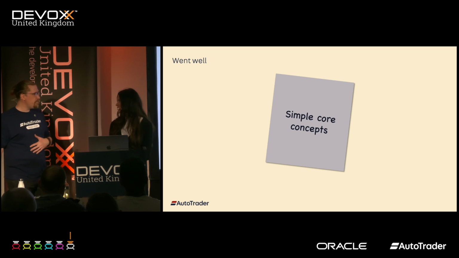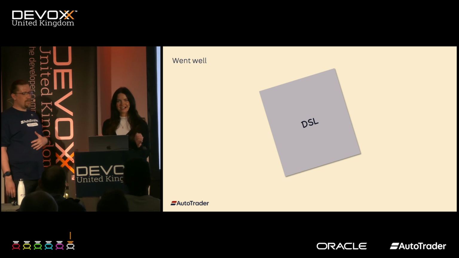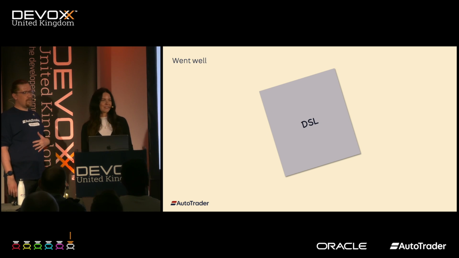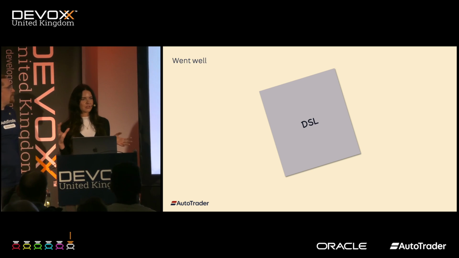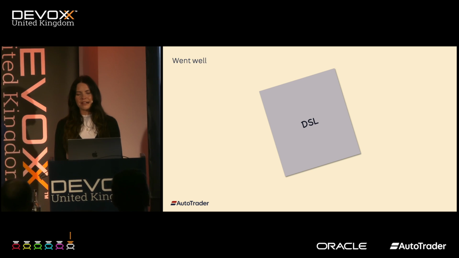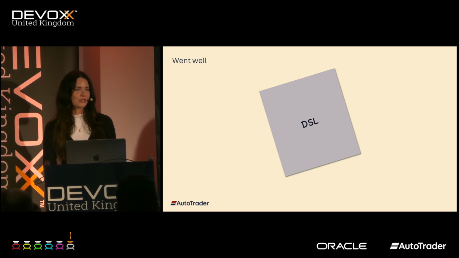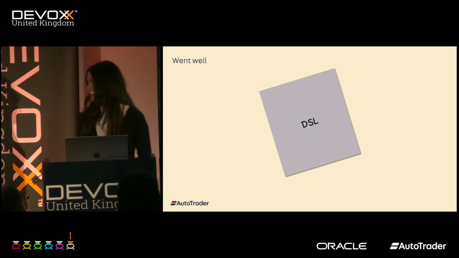Like a little black box. Yeah. So the DSL, we've gone into that quite a lot in depth, but it gave us tons of flexibility and it made it easy for other teams to contribute and pick up the project. And it also meant that we didn't have to go and rewrite tons of existing UI code. So that has been a massive help, and I'm glad we did that.